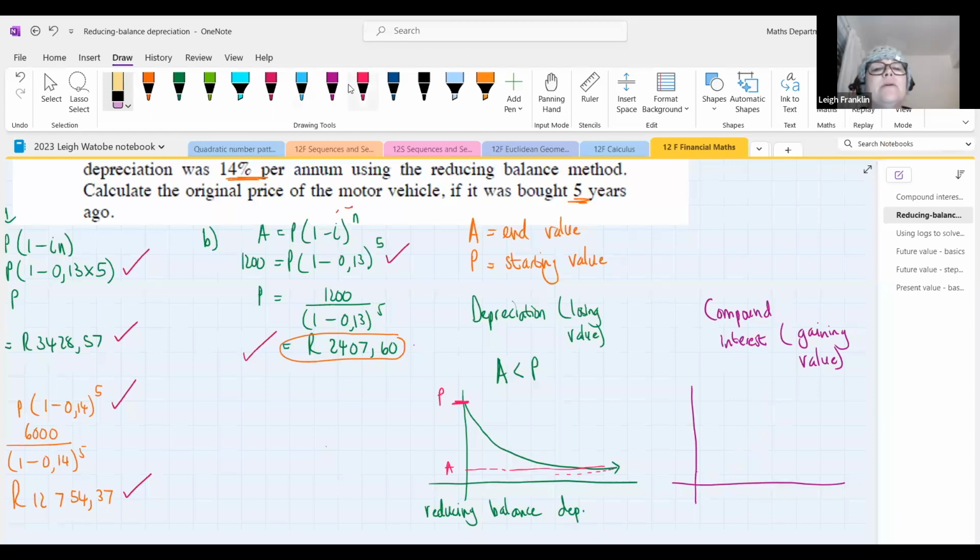After all, it doesn't really matter, but there you go. It's gaining value. Here, when we start off, there's our P value. By the time it's appreciated over a certain number of years, now it's worth A. So here your A value is bigger than your P value. Remember, on your y-axis, a number at the top will always be bigger than a number at the bottom. So this is compound interest.